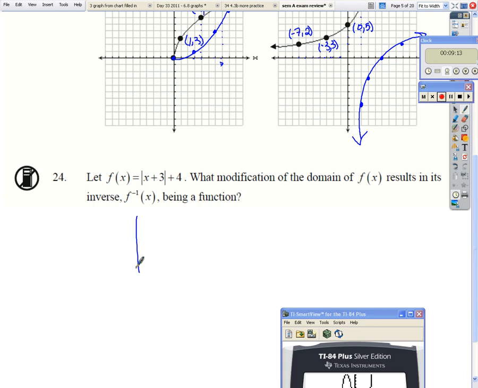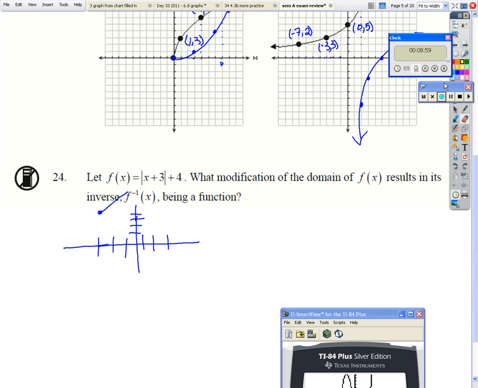Looking at this graph of the absolute value, it's moved to the right 3, no, I'm sorry, to the left 3, and up 4. Let's make that graph bigger.